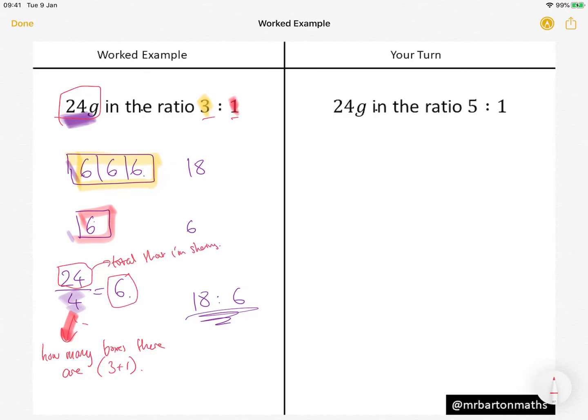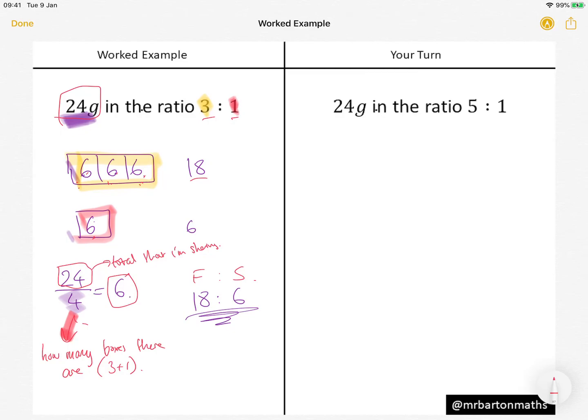And then I got 6, and that told me that each box must be worth 6. So then I put a 6 into each box, and I can just add them up, and that tells me how many each. It's probably to do with ingredients, this question, so let's say it's 18 grams of flour to 6 grams of sugar. So I got that 18 by doing 6 add 6 add 6, or 6 times 3.